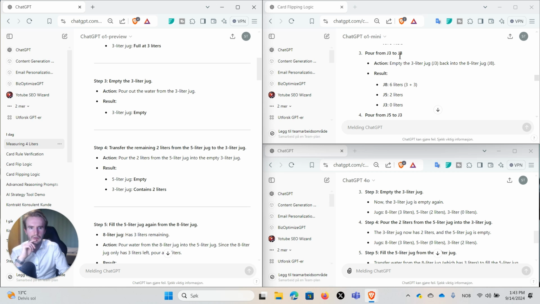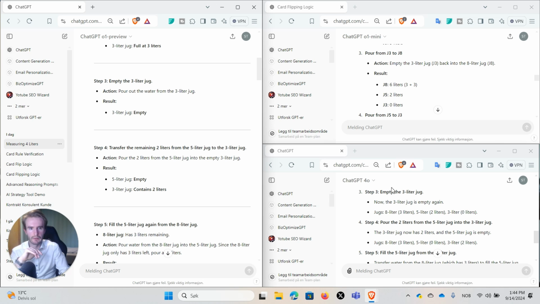Okay, here there is a difference. So let's see here, what happens now? Okay, so here it just says empty the 3-liter jug.